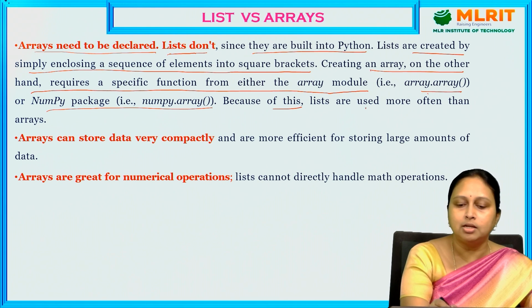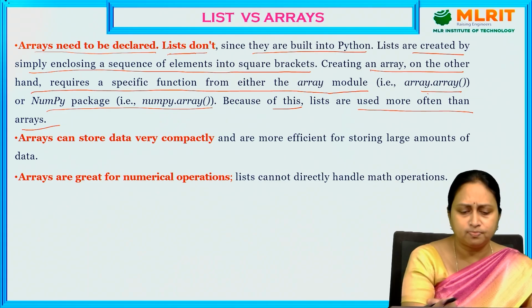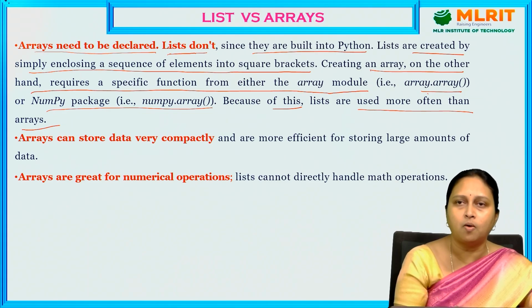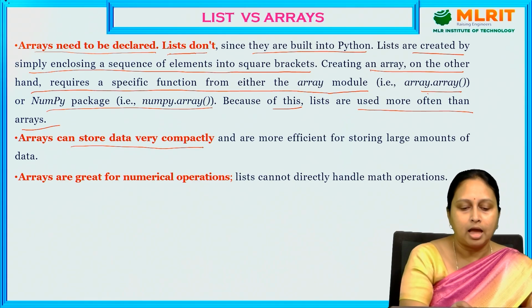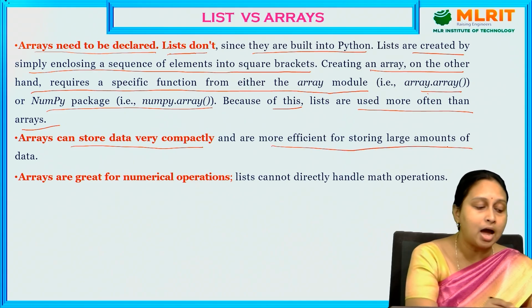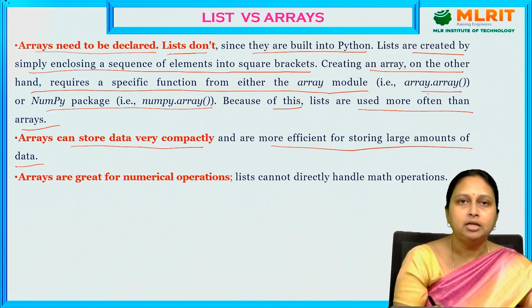Because of this, lists are used more often than arrays. Because of importing the array module and all these things, we are going to use lists most frequently. Arrays can store data very compactly and are more efficient for storing large amounts of data. When you want to go with large amounts of data, in that particular case, we can go with arrays.